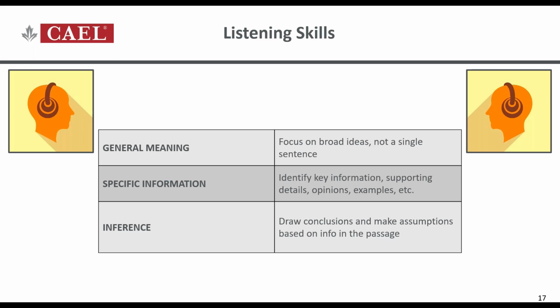But with specific information, these questions are focused on facts and key information. So somebody might say a key word or phrase, and you are able to answer this question just using that specific information. So the answer to these questions can be found in just one sentence.